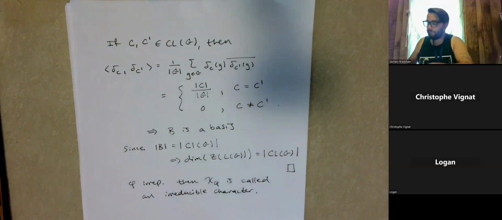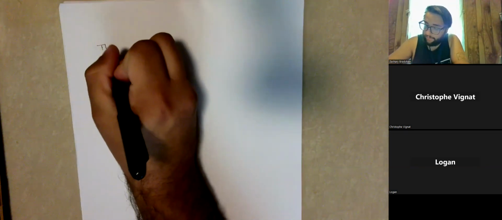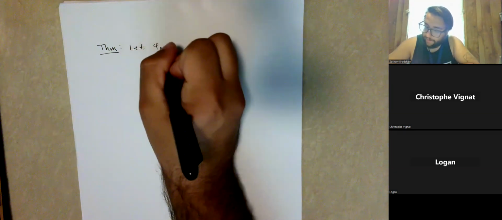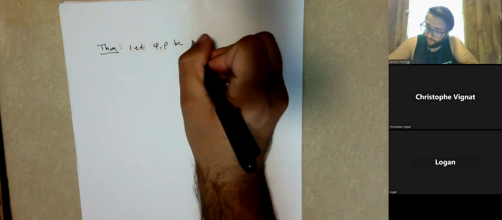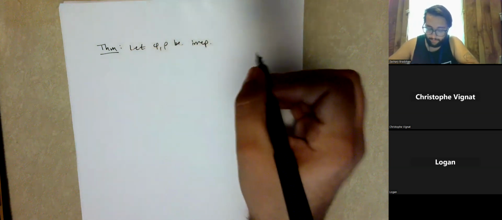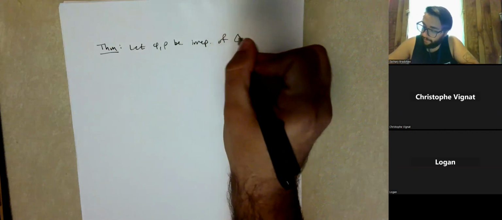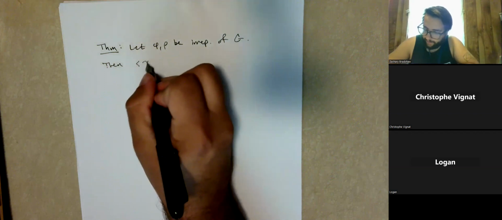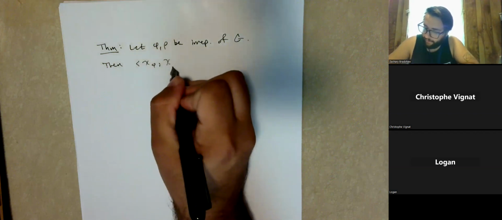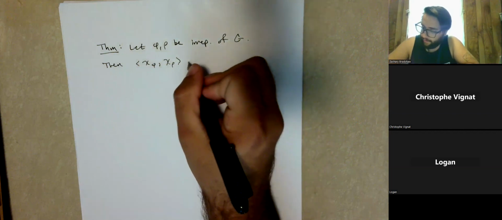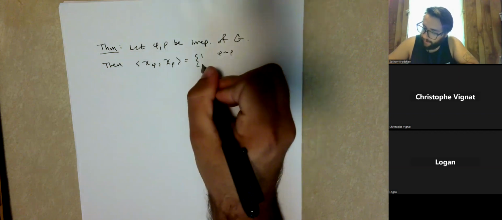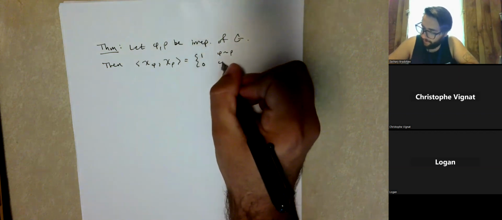Okay, so here's the theorem. Let phi and rho be irreducible representations of some group G. Then the inner product of chi phi with chi rho, the inner product of the characters, is 1 if phi is equivalent to rho, and 0 otherwise.